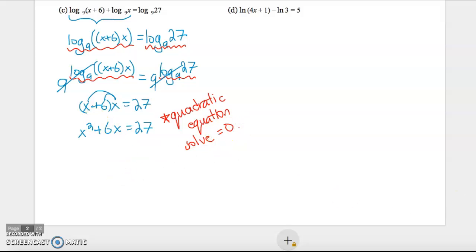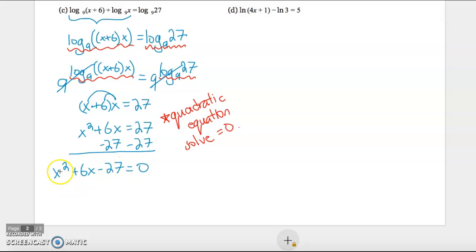So now I'm going to get it equal to 0, so I'll subtract 27 from both sides. So I get x squared plus 6x minus 27 equals 0.